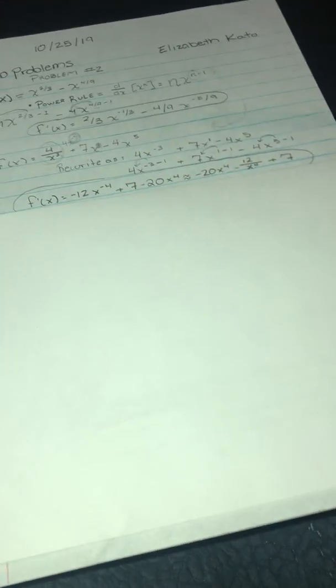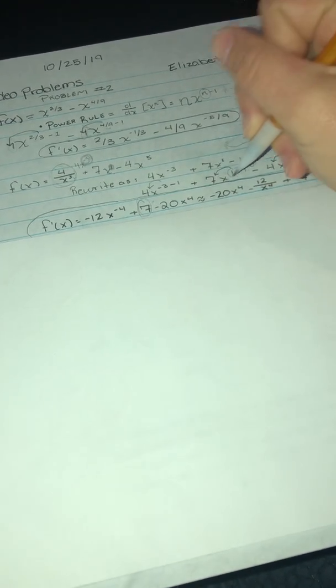So when you do that, that ends up getting you negative 12x to the negative fourth plus 7 minus 20x to the fourth. The reason why the 7 here doesn't have a variable anymore is because when you subtract 1 from 1, that gets you 0.